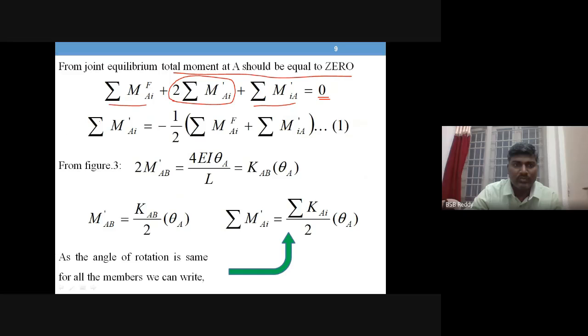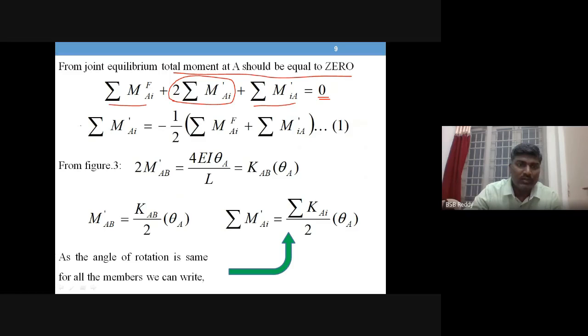So 2 times sigma M dash AI is equal to, if that goes to the right hand side, it will become minus sigma MF AI. And this has also come to the right hand side, sigma M dash IA.